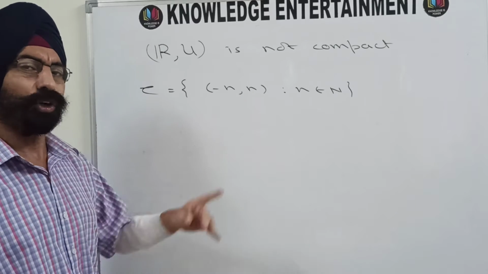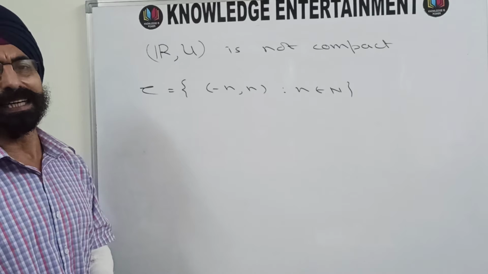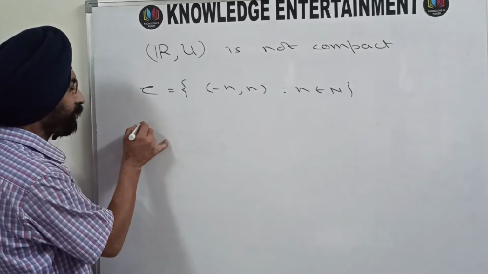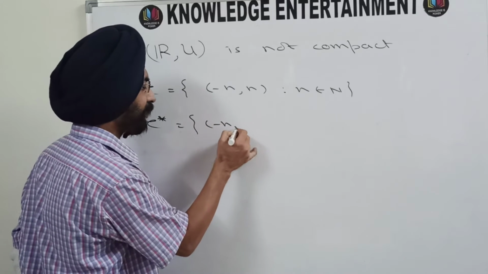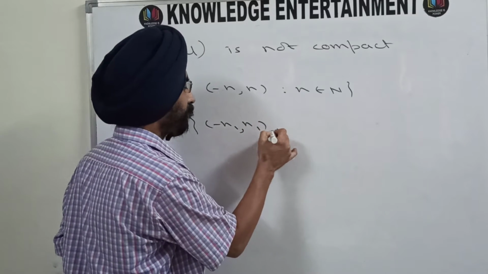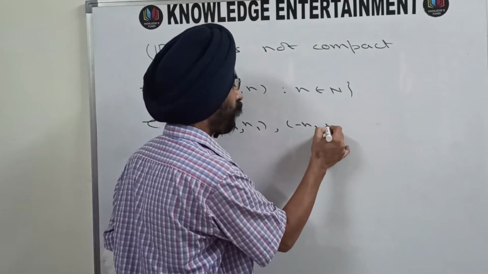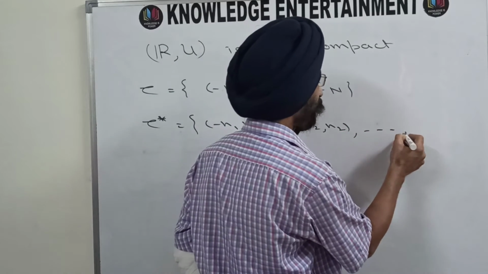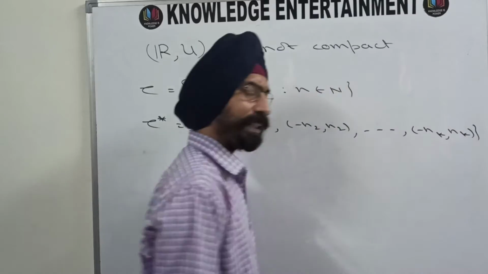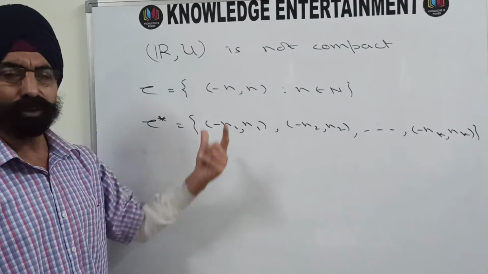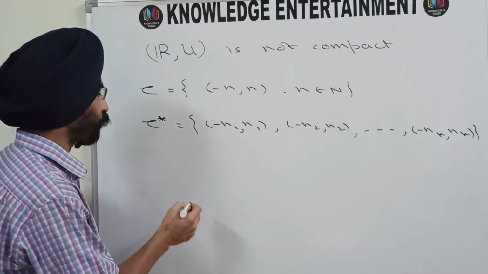But once again, it has no finite subcover, because suppose some finite subcollection of it, (-n1, n1), (-n2, n2), and so on, (-nk, nk). If it is a finite subcollection C star of members of C, then what will be the union?